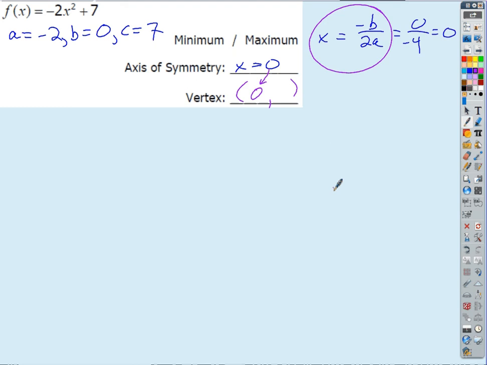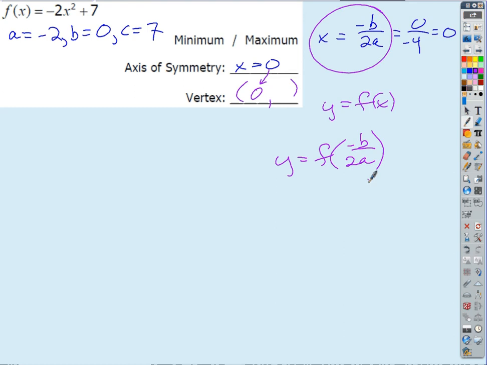I'm going to evaluate the function at 0, right? So the y value here is always going to be f of x, right? So the y value for the vertex is always going to be f evaluated at -b over 2a, right? So in this case, we're just plugging in 0.